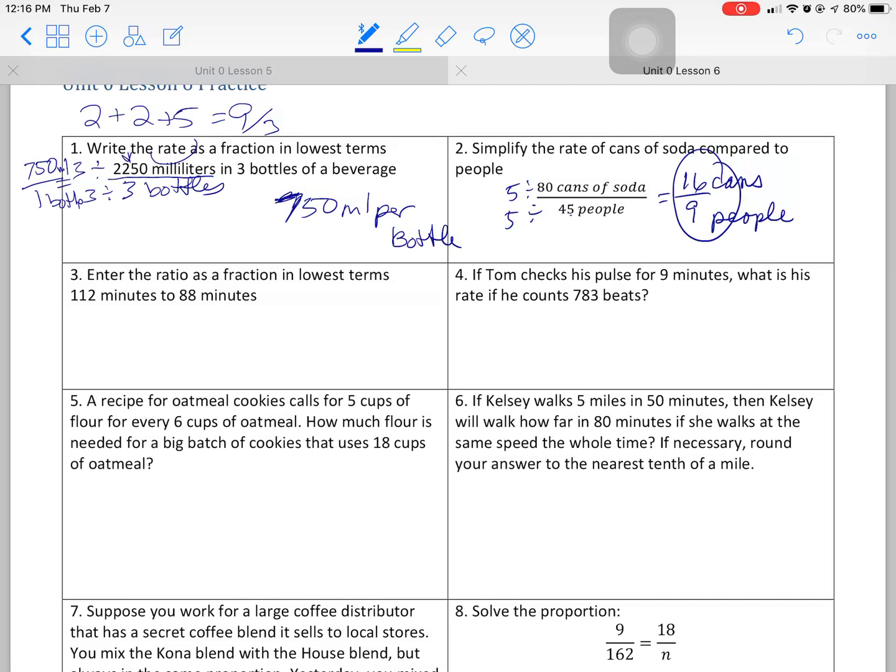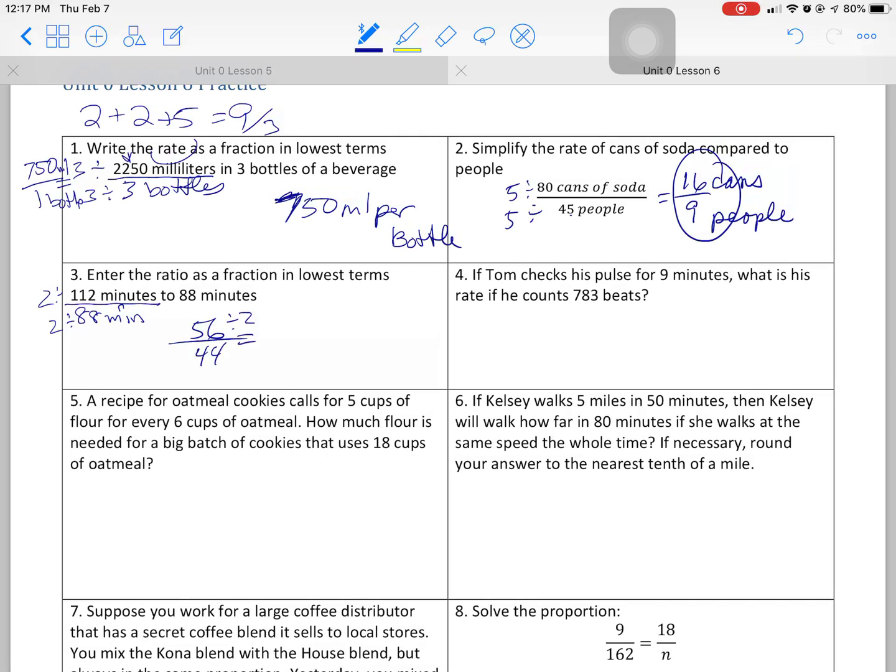Enter a ratio as a fraction in lowest terms. So this many minutes over 88 minutes. Let's see, they're both even. I can divide by 2. Divide by 2, that is what? Let me get my calculator. 112 divided by 2 is 56 over 88 divided by 2 is 44.